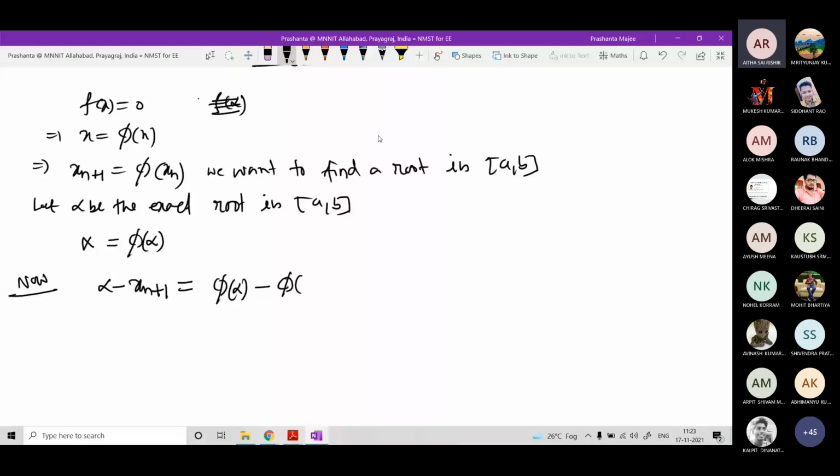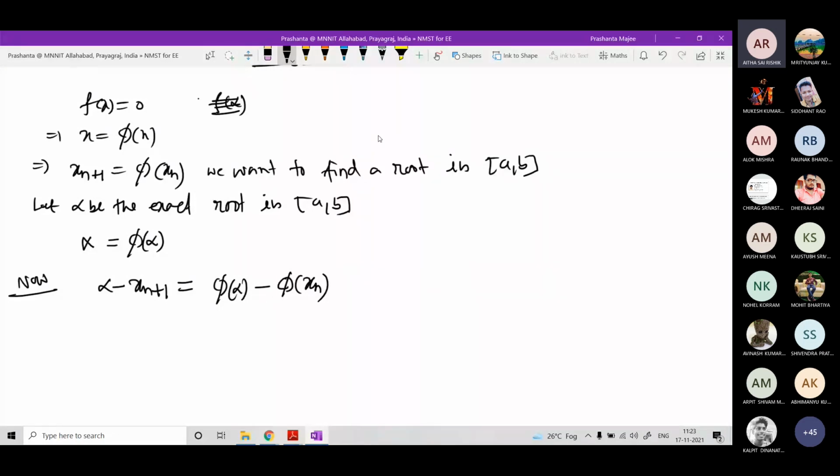Now you assume that while you choose this phi function, you choose it in such a way that it is differentiable in the interval a comma b. Okay, so the phi function has to be differentiable. That is the first criterion in the interval a comma b.